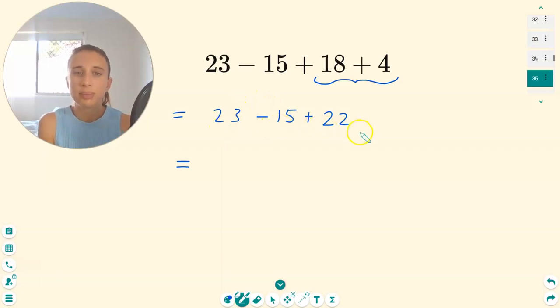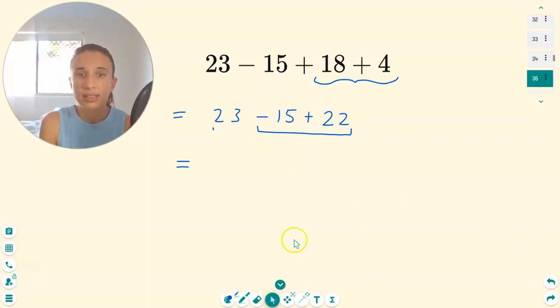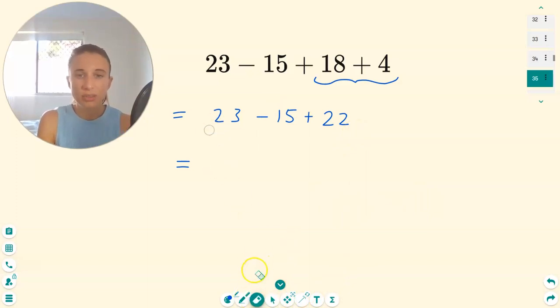23 take 15 plus 22. Now you could either go 23 take 15, or you could do -15 plus 22. You take the sign out the front of the number always. That's what I will say. So let's check this out. I'm just going to choose to do 23 take 15 first. All right, so what do I need to add to 15 to get to 23?